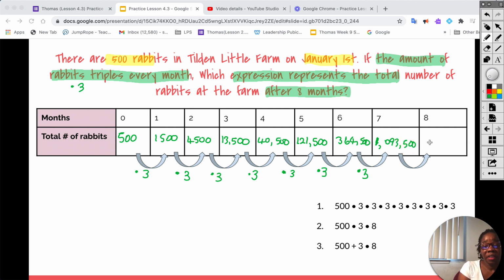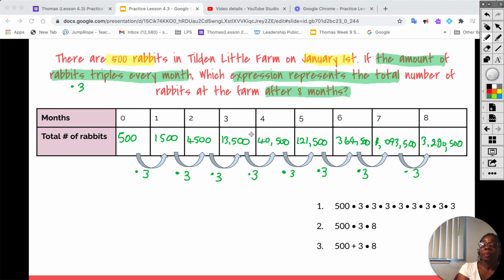And by the end of the 8th month, that 1,093,500 rabbits is then tripled as well. So it becomes 3,280,500 rabbits. Isn't that crazy?